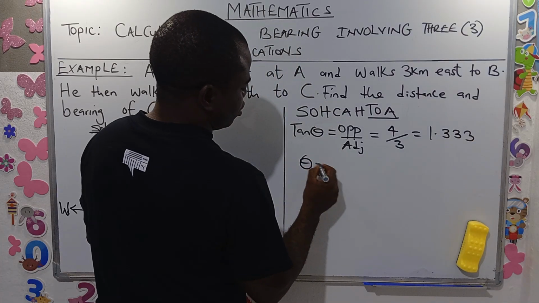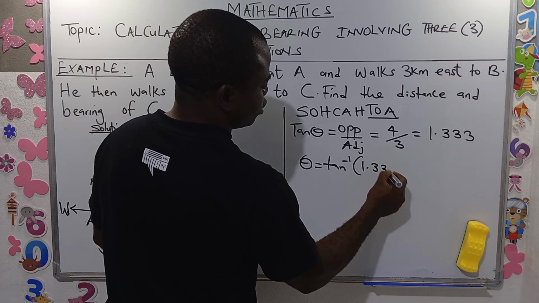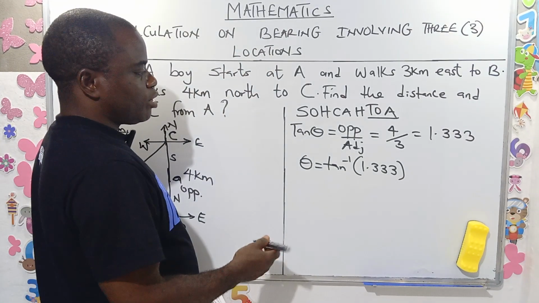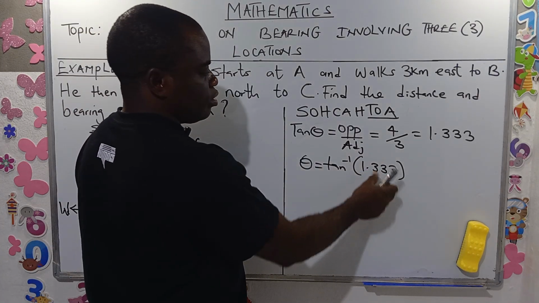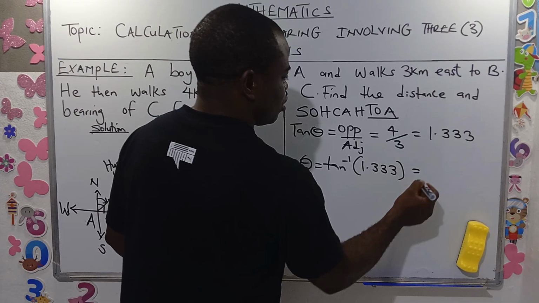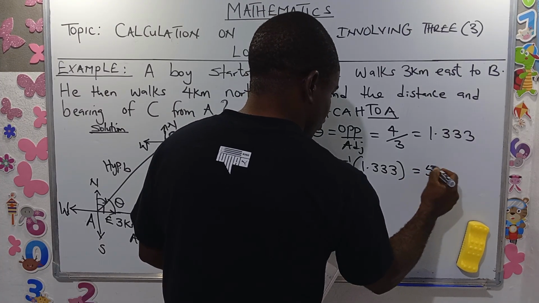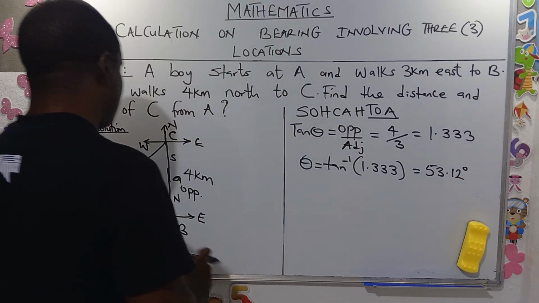Theta now equals tan inverse of 1.333. When you are pressing the calculator, press second function tan, now put the value, and you get 53.12. That's 53.12 degrees. That's the angle theta.